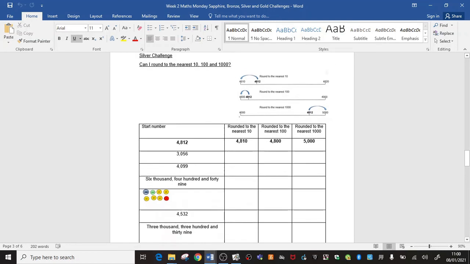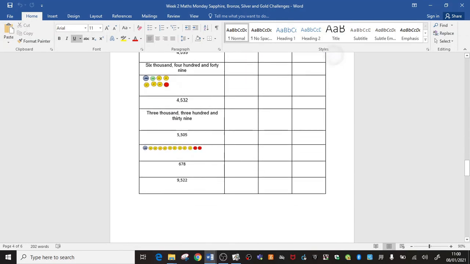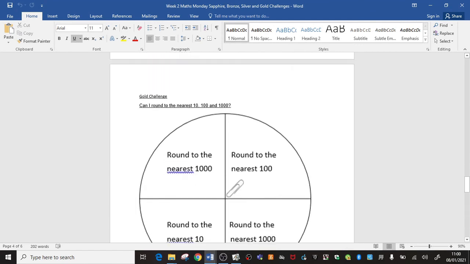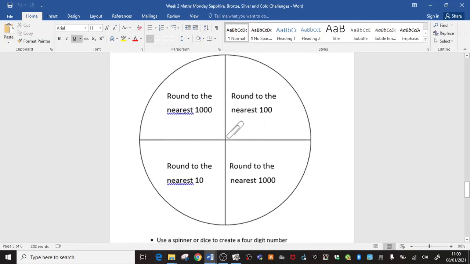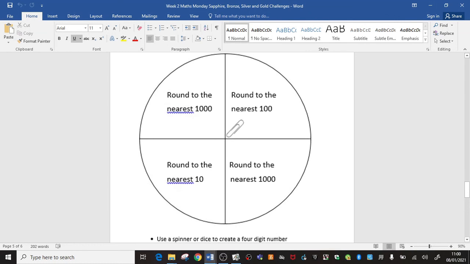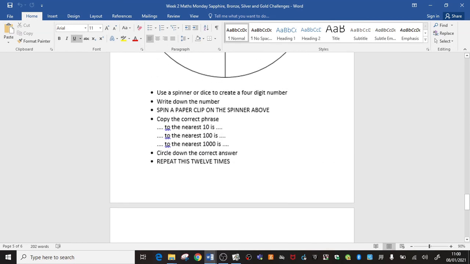If you are doing the Silver challenge, it's rounding to the nearest 10, 100 and 1000. And the Gold challenge is no more difficult than the Silver challenge, it just presents it in a different format. For this you would need a paper clip. You put the paper clip on the tip of the pencil, hold your pencil with the paper clip on the end, spin the paper clip. If it lands on round to the nearest 100, then you would need to round your number to the nearest 100.